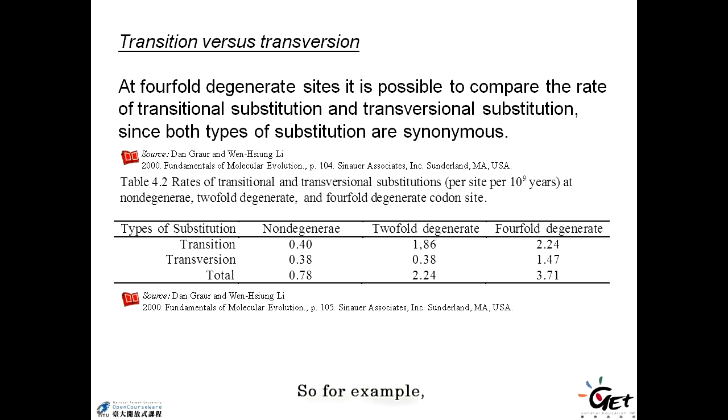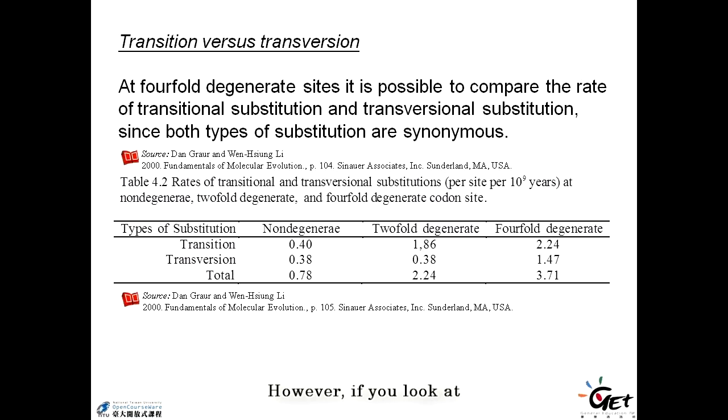For example, in this table, the non-degenerate sites have the transition rate at 0.4 and transversion rate at 0.38. So you can easily see there's very little difference between the two numbers.